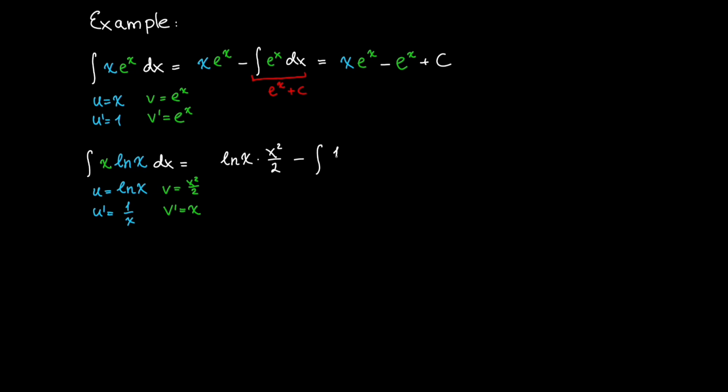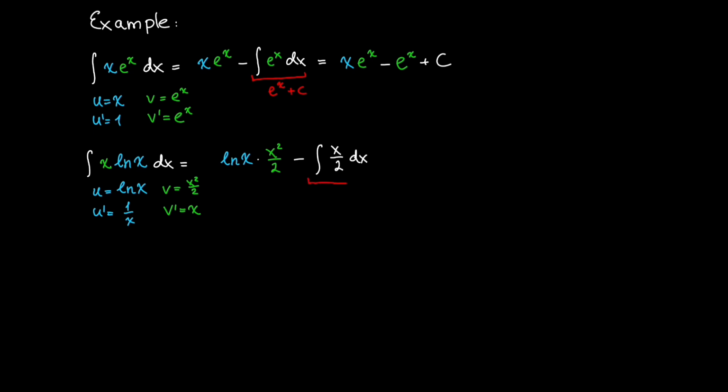So this would be 1 over x multiplied by x squared divided by 2 dx. Now you can probably see in the second integral, some things will simplify. For example, x on the bottom together with the squared. So basically here, simplified, what you're going to have is the integral of x over 2 dx.